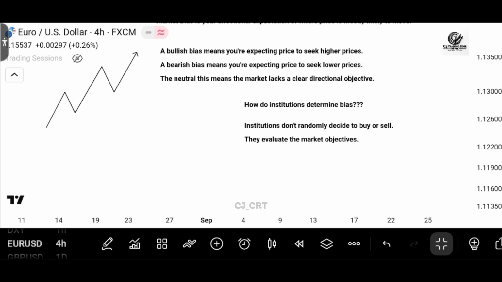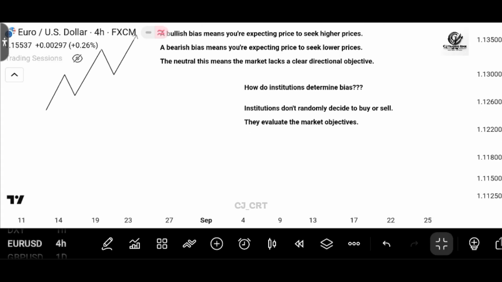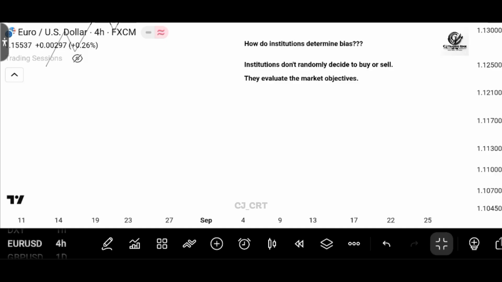Now, note this down. How does bias fit into CRT? Within CRT, bias comes before execution. Now, the process looks like this. Maybe I'll have to type this one.